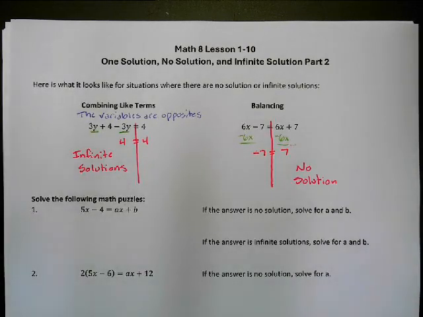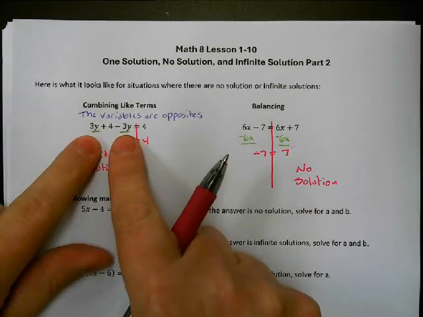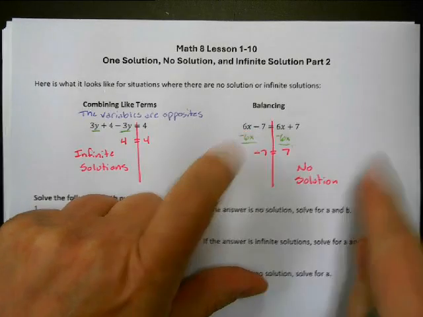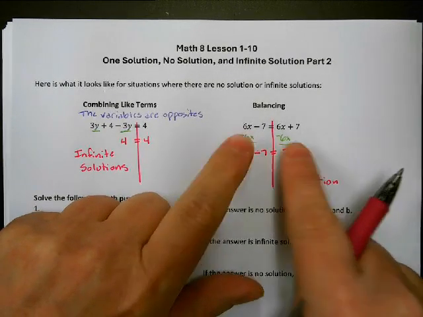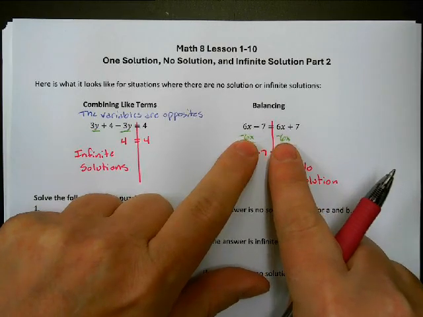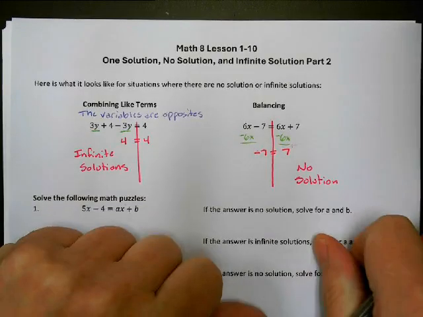Now let's look at the pattern. On the previous pattern, when we were combining like terms, the variables were opposites of each other. But when we're balancing and we end up with a no solution or an infinite solution, the variables are exactly the same. So that when you do the inverse operation and subtract it, that's when they go away.